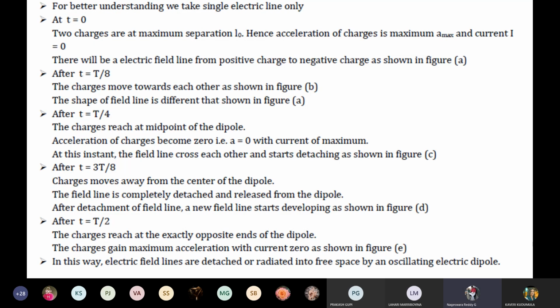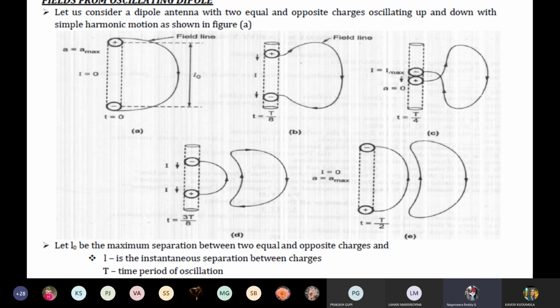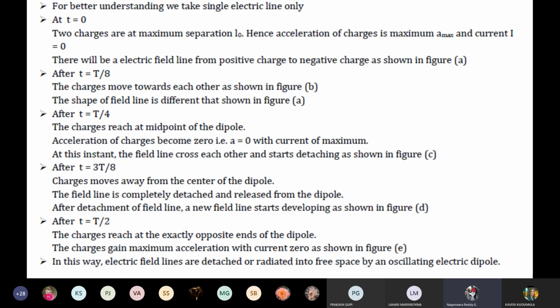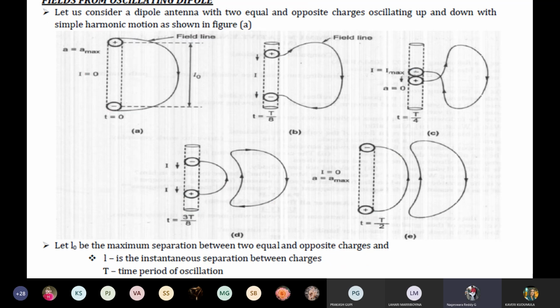For better understanding, we take a single electric field line only. First case, you can observe in the previous slide, figure A, at t is equal to 0. At t is equal to 0, from A, B, C, D, E, two charges are at maximum separation L0.